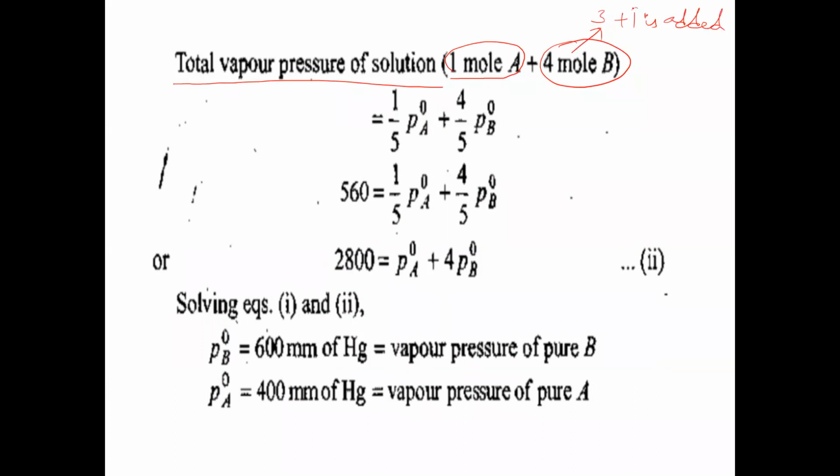So 3 plus 1 is 4 moles of B. The moles of A are the same as initially, 1 mole. So the total number of moles is 1 plus 4, which is 5.